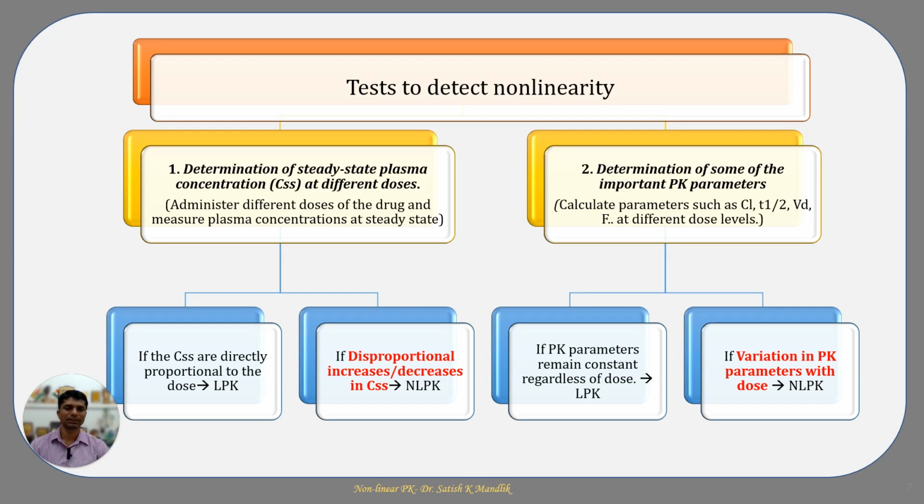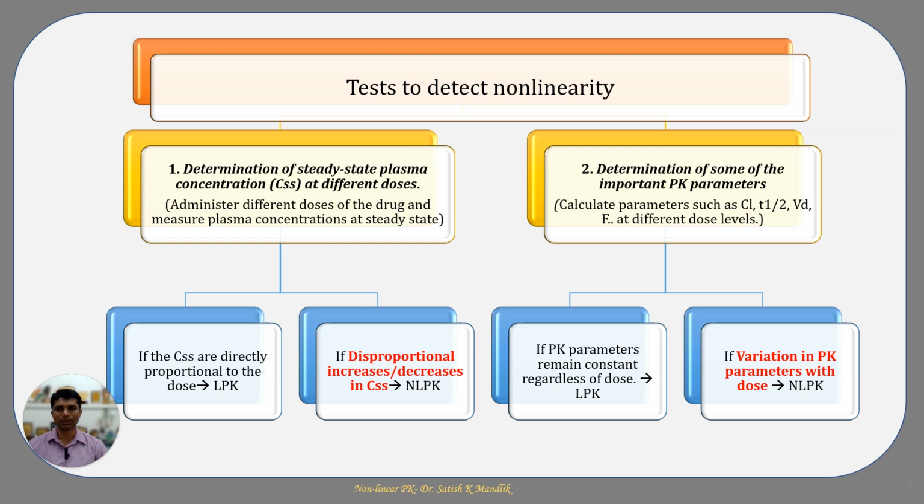Moving to the next, how to detect non-linear pharmacokinetics, or simply, tests to detect non-linearity. There are different tests by which one can understand whether non-linearity is exhibited or not. We will understand the 4 types of tests by which you can detect non-linearity. The very first one is determination of steady state concentration at different doses.